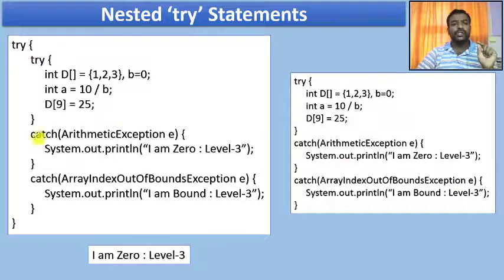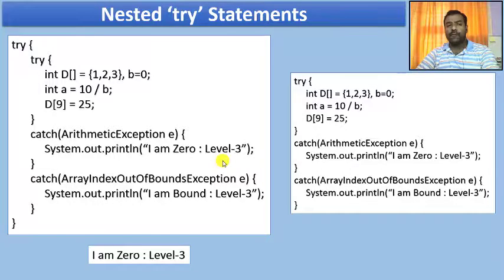It's fine. Now if I execute this program, I am going to end with the same output, because b is 0. It is going to be an arithmetic exception. Immediately this has been caught and I am going to say I am 0 level 3. Fine, the same output, nothing has changed even though I have used a nested try statement.